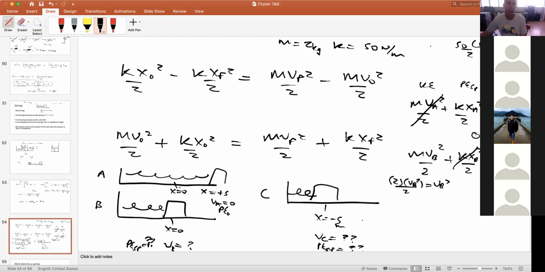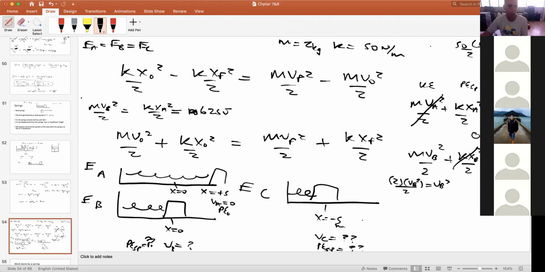But energy is always conserved, which means the energy at position A, the energy at B, and the energy at C are all equal. That means that m vB squared over 2 is equal to k xA squared over 2. Now I knew that k xA squared over 2 was 625 joules.